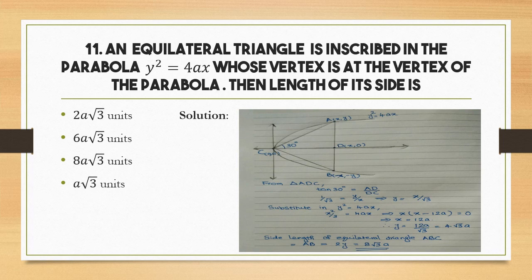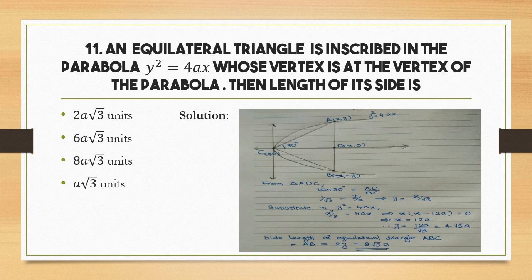See, there is a parabola y square equals 4ax, and in that parabola an equilateral triangle is inscribed. For an equilateral triangle, each angle is always 60 degrees. So they have taken the equilateral triangle as ABC. And look at that, they have marked one angle as 30 degrees because the whole angle is 60 degrees.